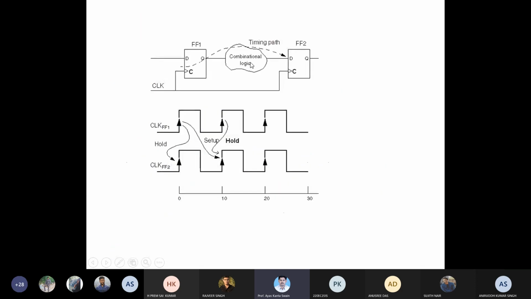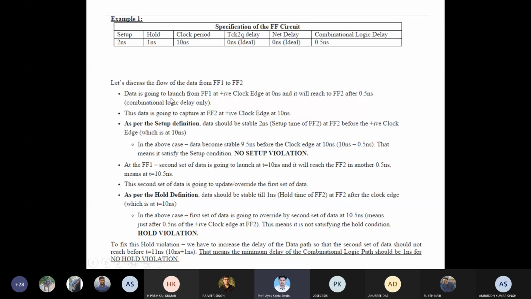So it will reach the input of FF2 after 0.5 nanosecond. That is the delay incurred, which is called the combinational logic delay. Only this delay is there, no delay in between.